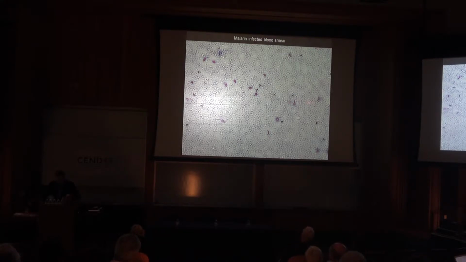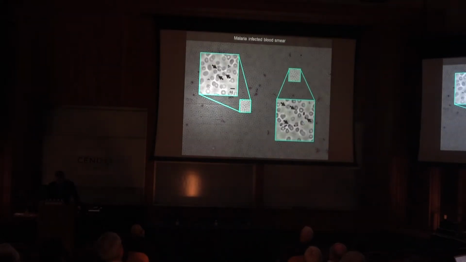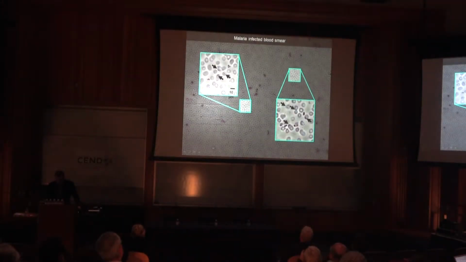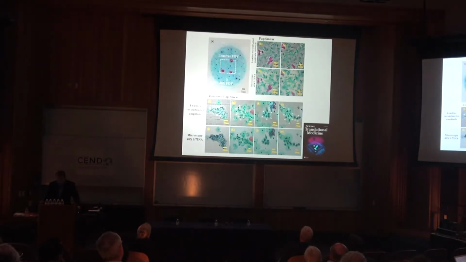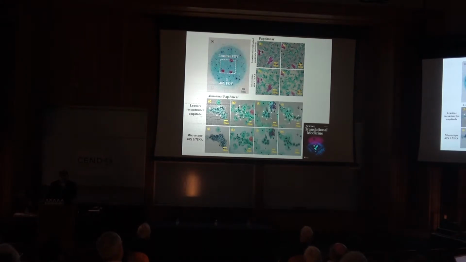This is, for example, a larger section of that thin smear, and if you zoom in, you'll be able to see zoomed in images of these red blood cells that are infected with parasites. So we have about 2 orders of magnitude wider field of view, which is better highlighted here. This is a thin smear. A typical 40x objective lens would be looking at this circular region of interest.